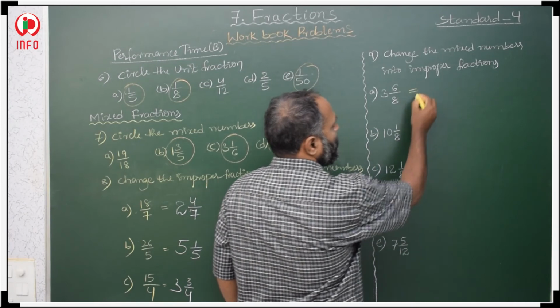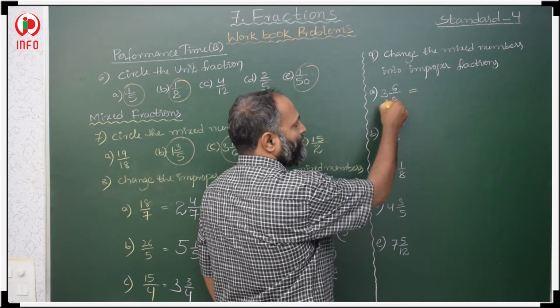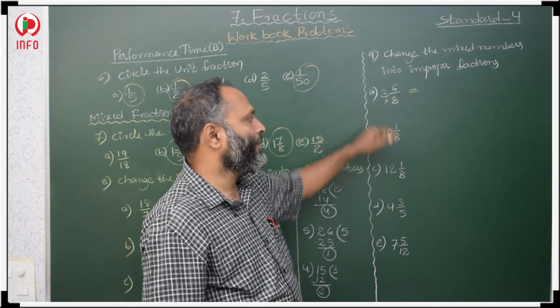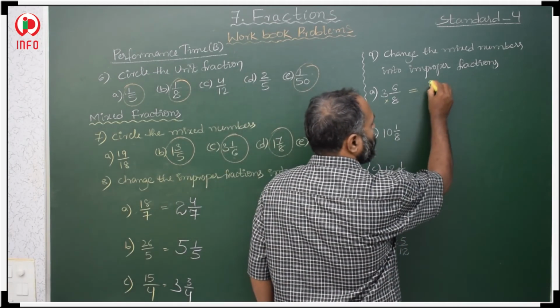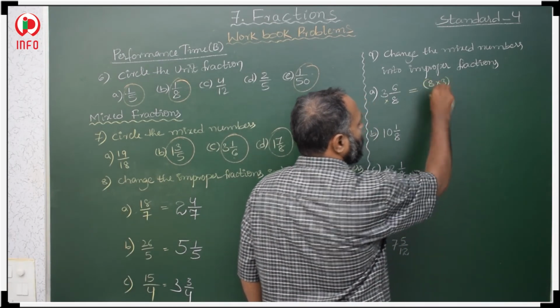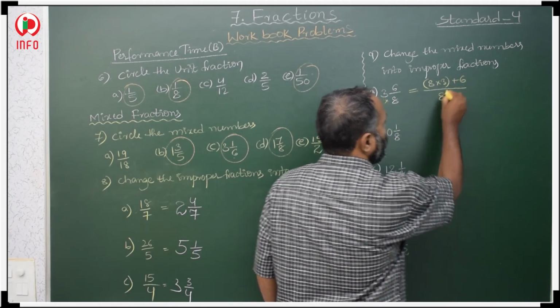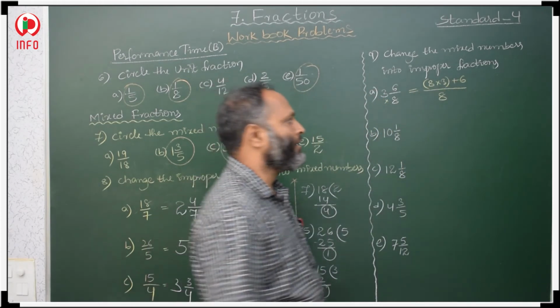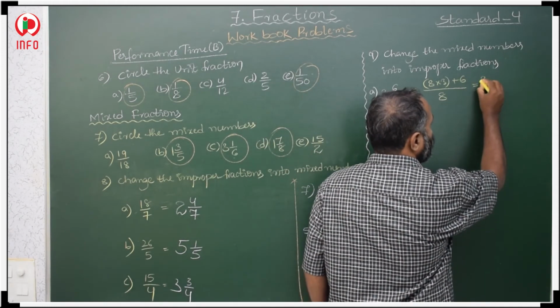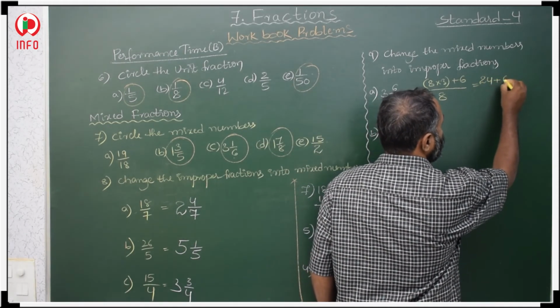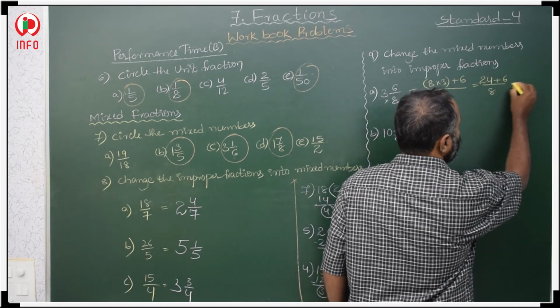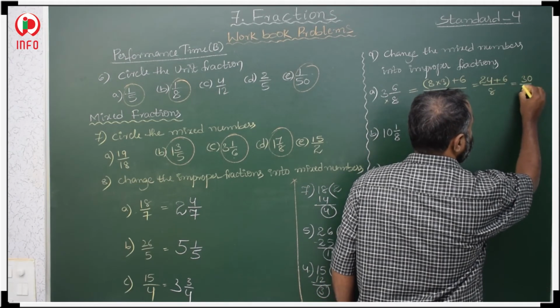See here, first we have to multiply denominator with whole number, 8 into 3. After that we have to add the numerator, 6, over the denominator. 8 3s are 24, 24 plus 6 by 8, that is 30 by 8.